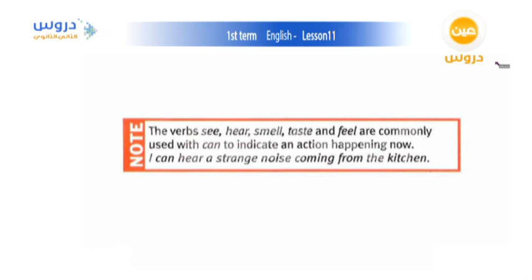Now, just a reminder, these are the verbs. See, hear, smell, taste, feel are commonly used with can sometimes, okay, to indicate an action happening now. For example, I can hear. We cannot say I am hearing. It's better to say I can hear. You cannot say I am smelling. It's better to say I can smell. All right? Also, you cannot say I am tasting. She is tasting.